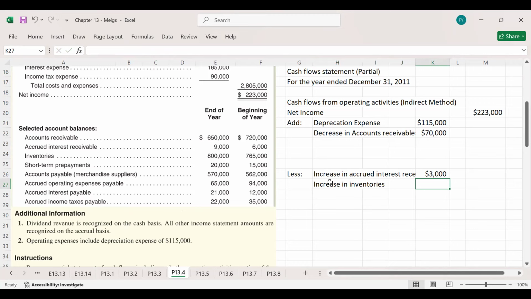So this is $35,000. Then the next one is short-term prepayments, and 5,000 if prepayments are increased. So these are current assets. So increase in short-term prepayments, which is $5,000.